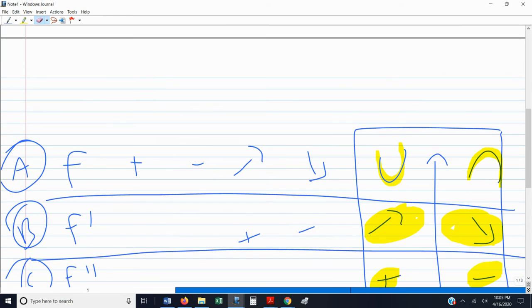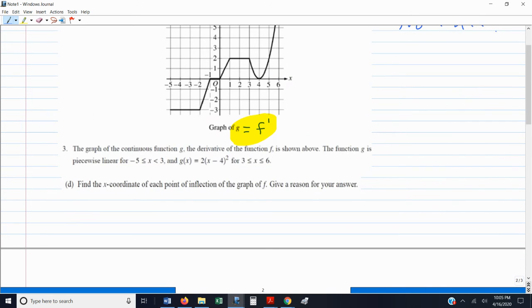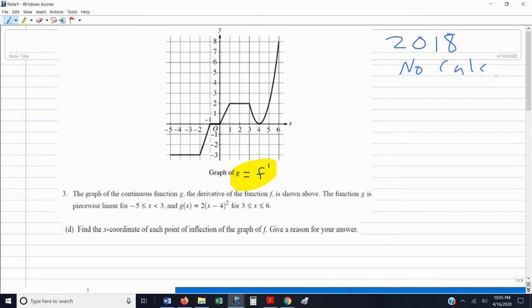So you really are just looking for where that graph of f prime is changing from increasing to decreasing. And so this point here at -2 is not going to be an inflection point because f prime is not changing from increasing to decreasing. It's changing from constant to increasing, right? And we're looking for increasing to decreasing or vice versa.